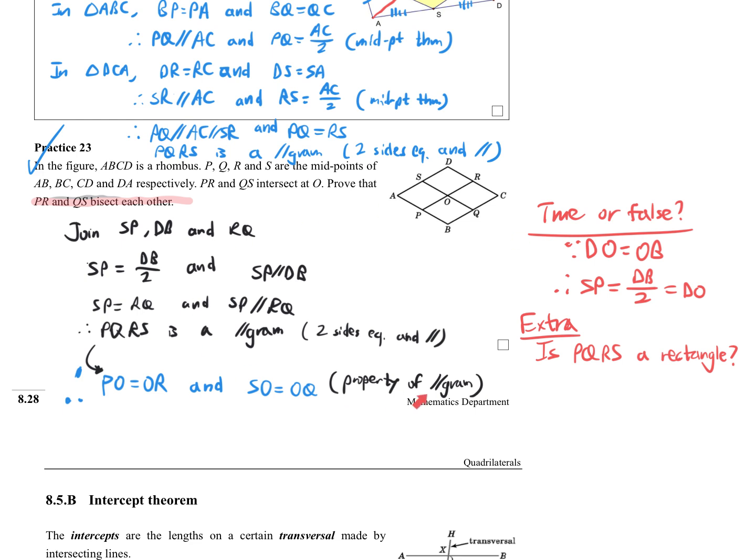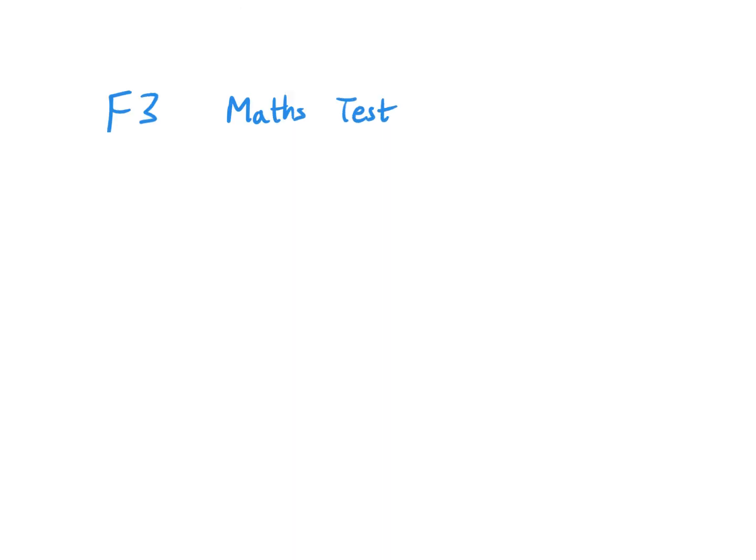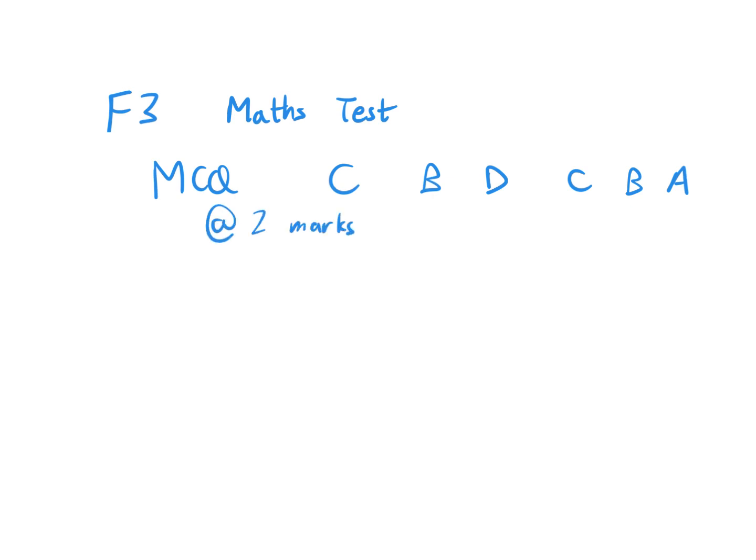Any questions about this? Okay, first of all, please help me check the multiple choice questions. The answer should be C, B, D, C, B, A. So each of them is worth 2 marks. Sometimes we do make mistakes in this type of marking.